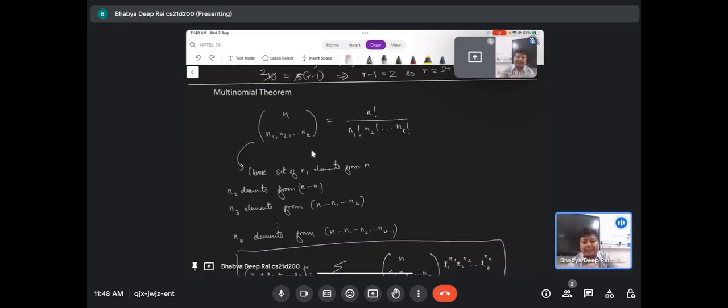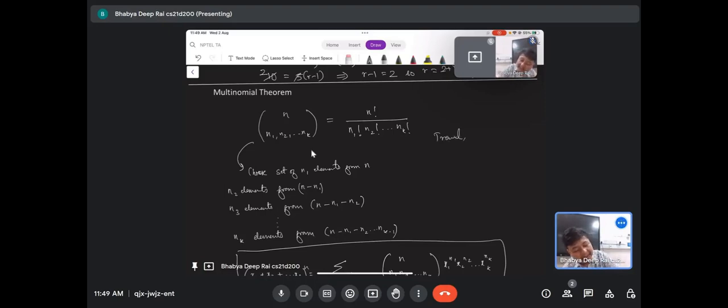Now we slightly look into the multinomial theorem. Okay, so let's say you want to choose some set of things one after the other. So the example I gave previously was, if I have a committee which has travel as one option, transport as the other team, and food as the other team.